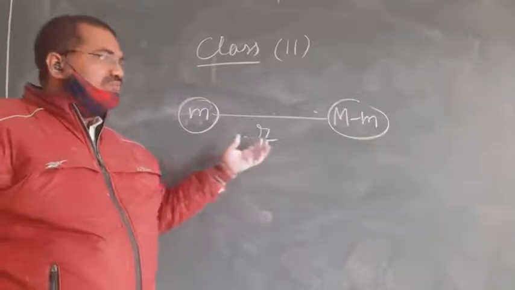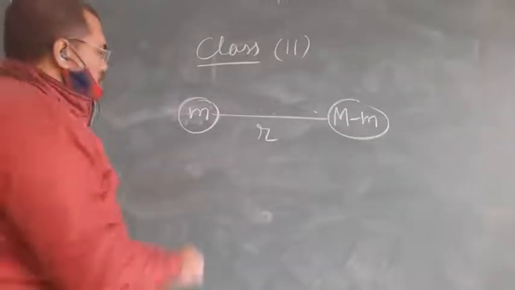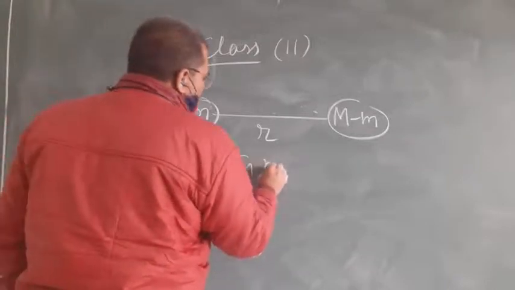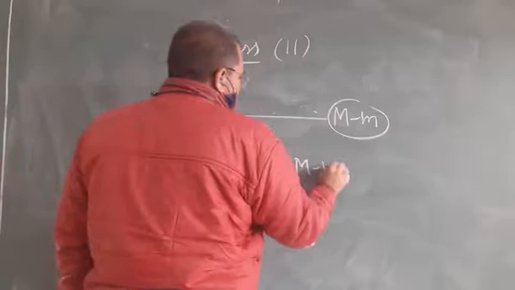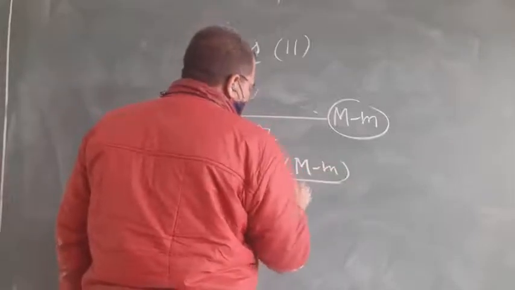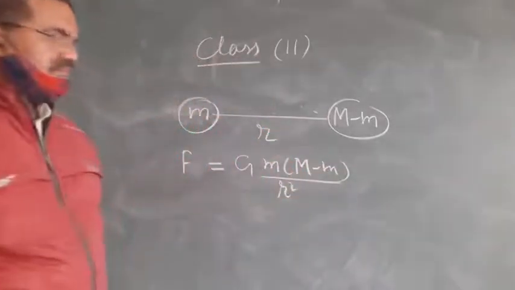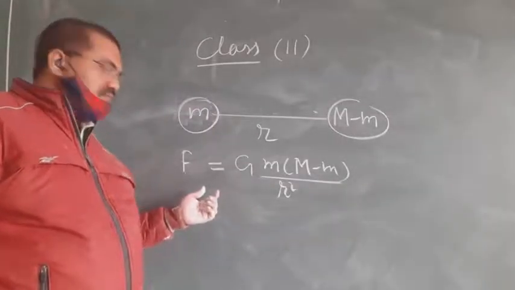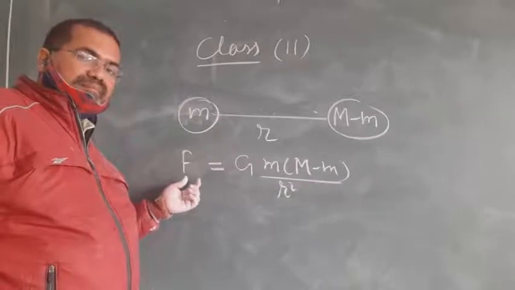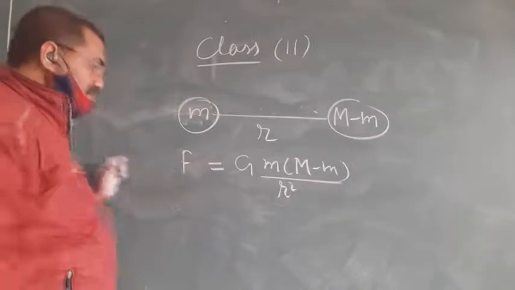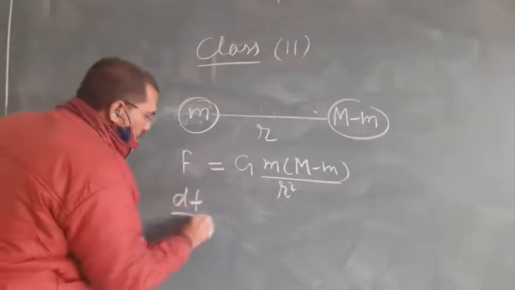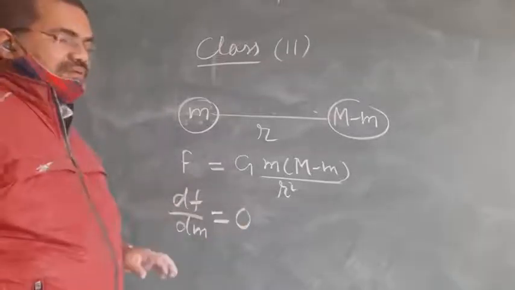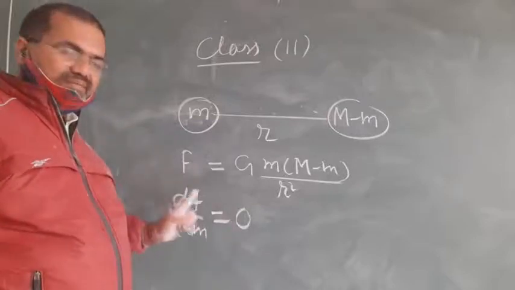There is a gravitational force between them, which will be F equal to G m (M minus m) by r square. You know very well, force will be maximum when dF by dm will be 0. Condition for maximum, as you know very well.